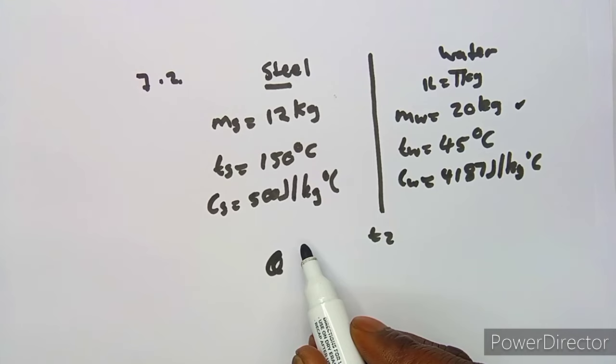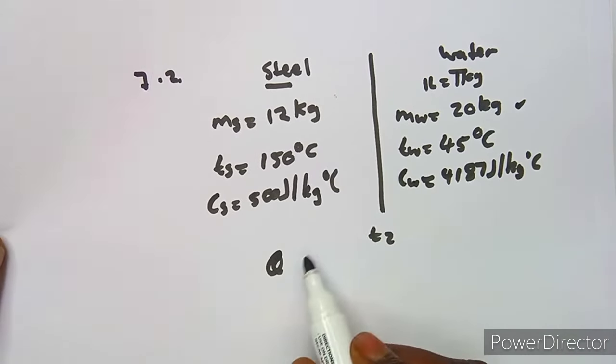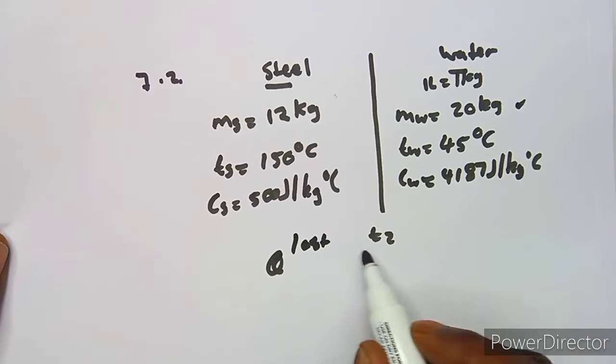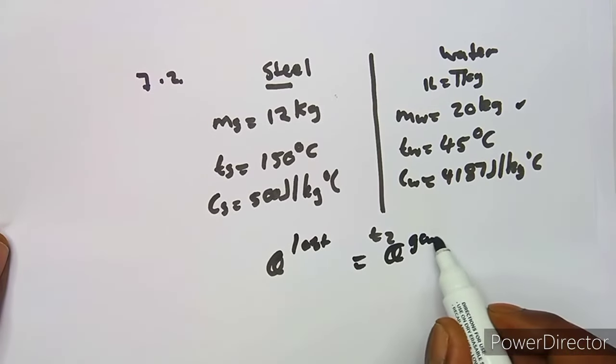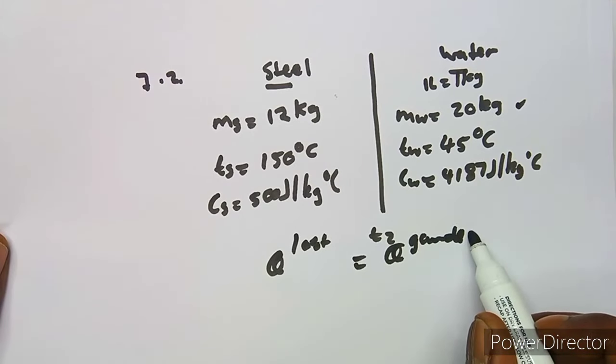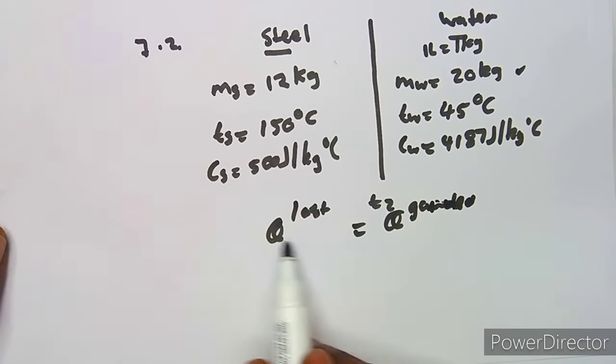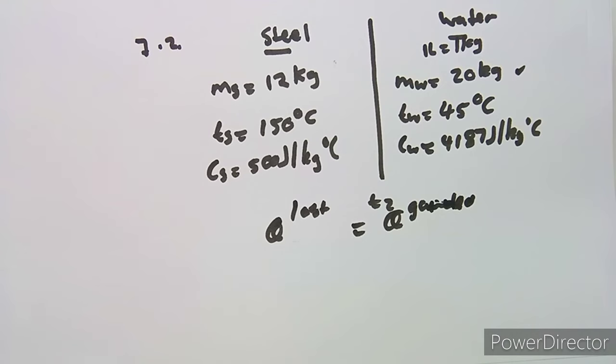Okay, 7.2 is just like that. So we are going to have Q lost, which is equivalent to Q that is being gained. So it is the water that is gaining, and it is the steel that is losing its heat.